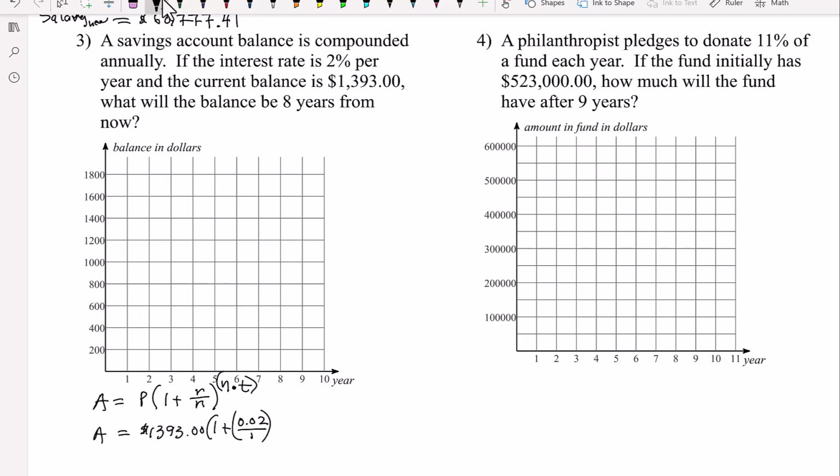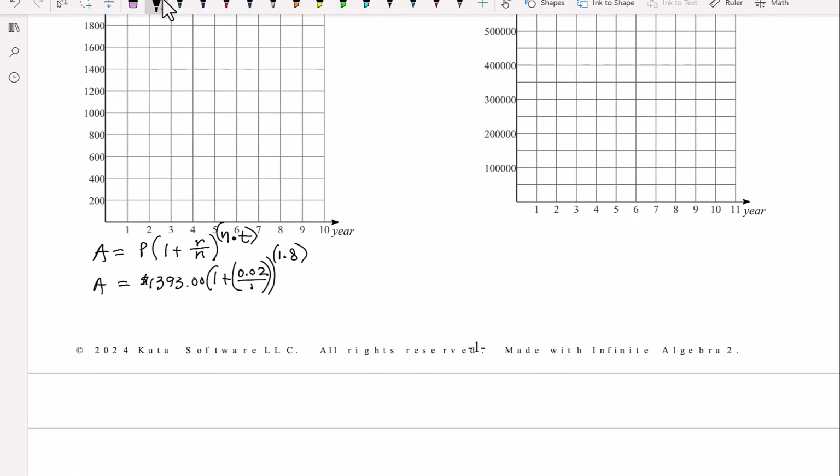The n is 1. That's raised to 1 times 8. 8 is the number of years. So the new account balance, it's not going to go up a lot because it's only 2%. But $1,393 times 1 plus 0.02, which is 1.02, raised to the 8th power. So you'll make some money, it just won't be very much.